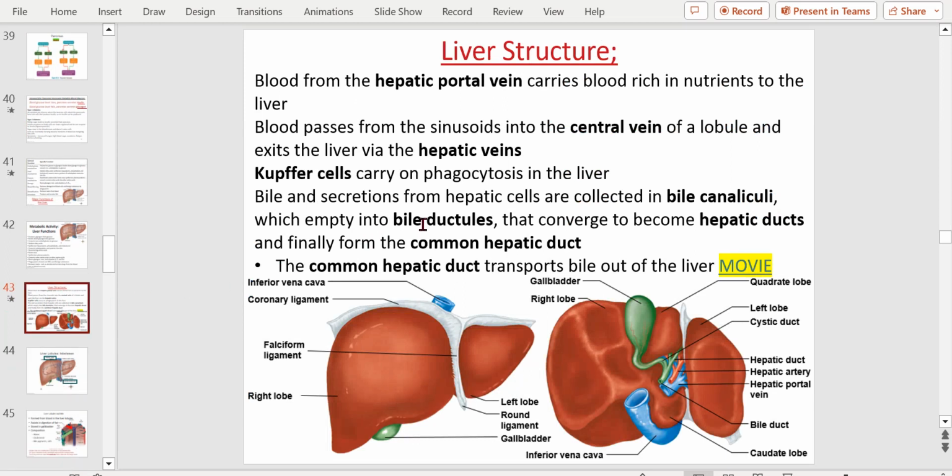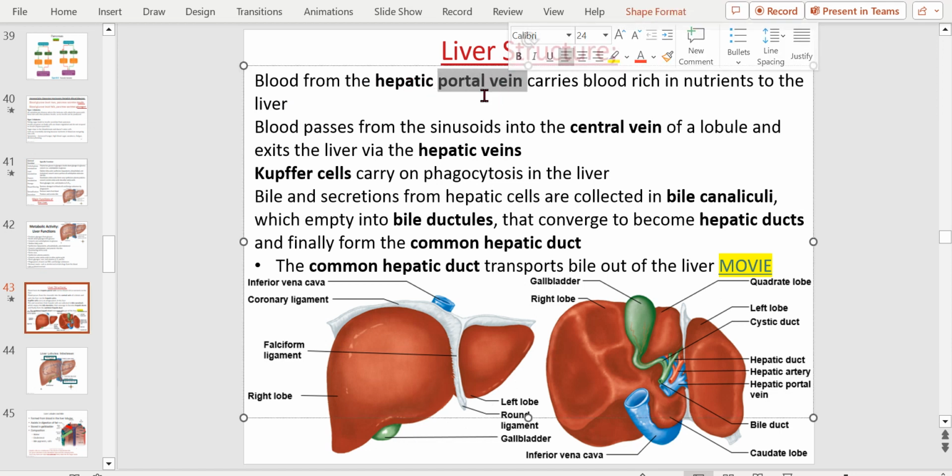Structure of the liver: blood from the hepatic portal vein carries blood rich in nutrients to the liver, this coming from the small intestine. A portal system has capillaries at two ends.